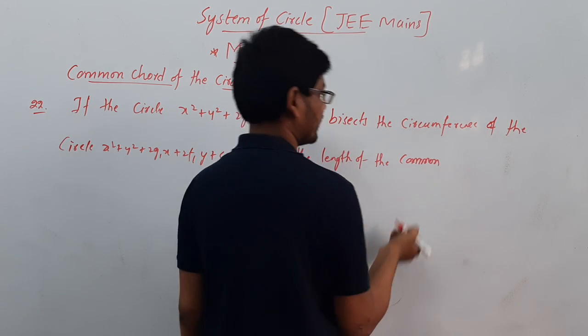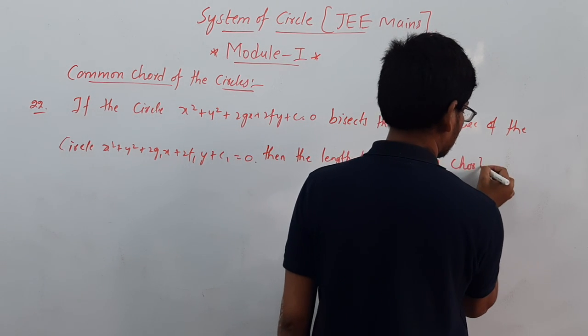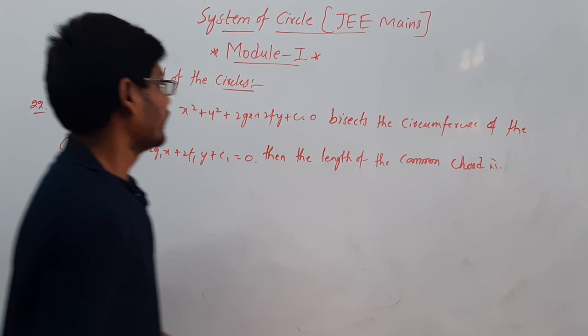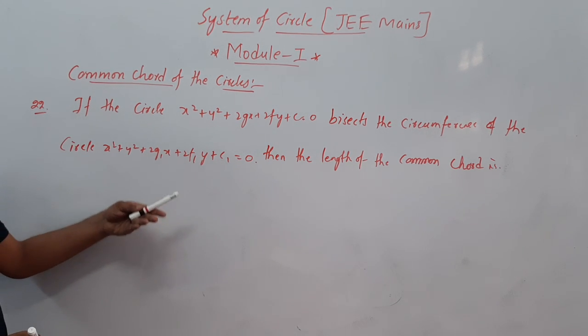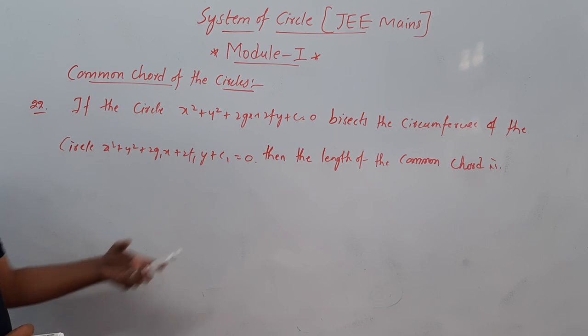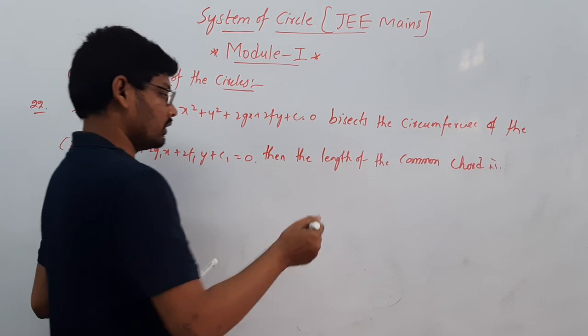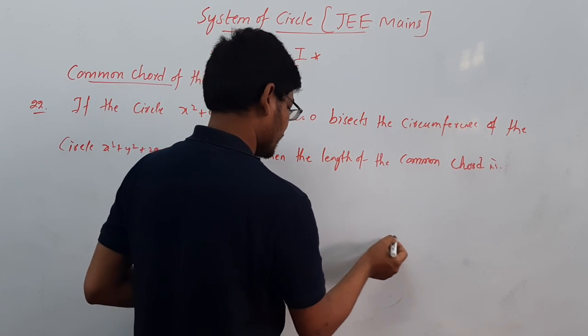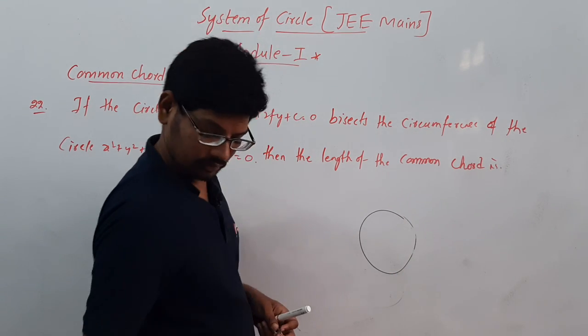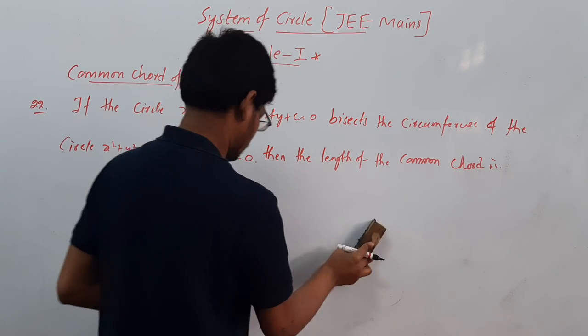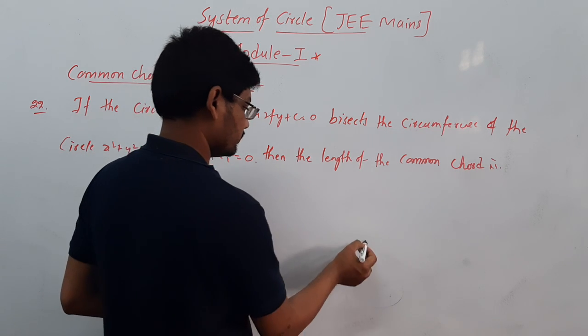first read the question. See, a circle is bisecting the circumference of another circle, then the length of the common chord is. So I am taking a circle.